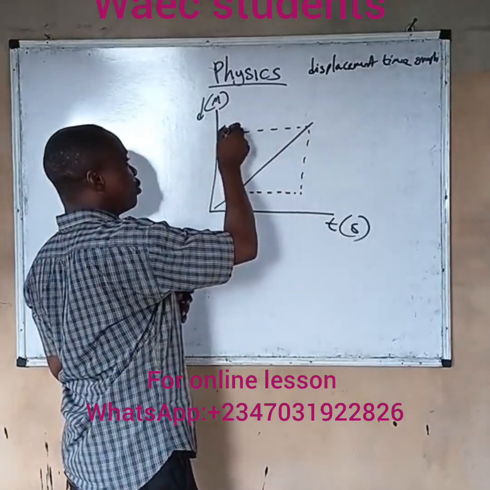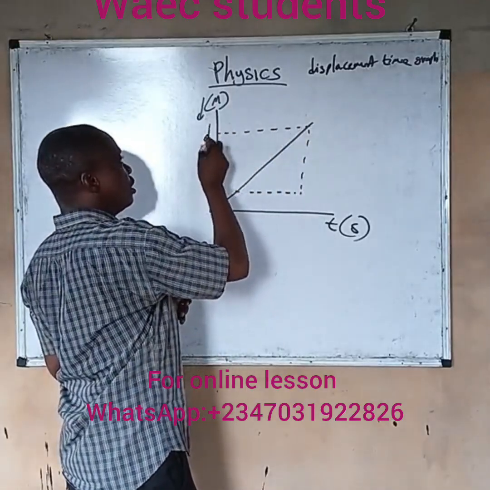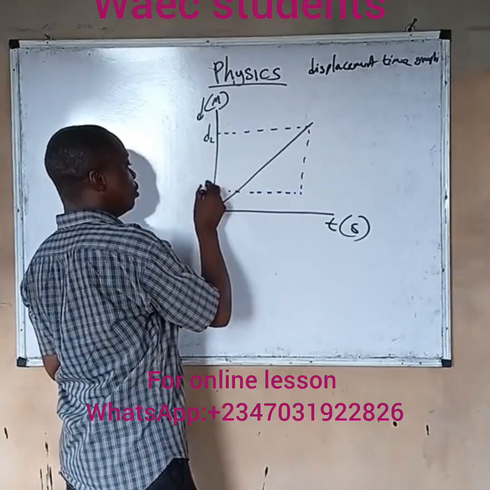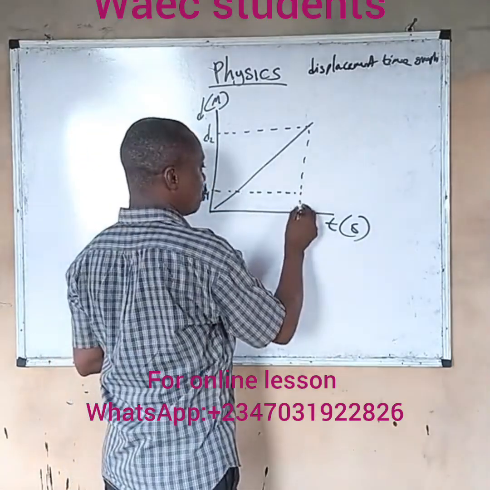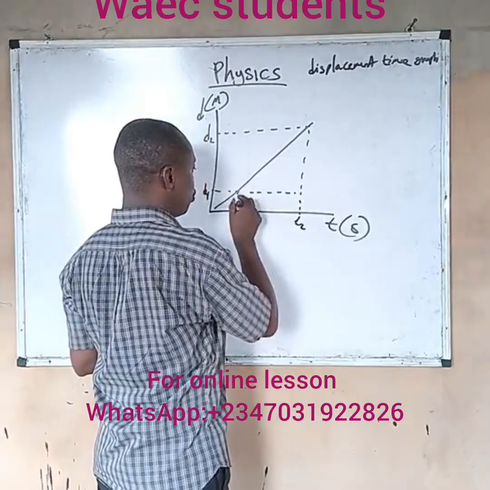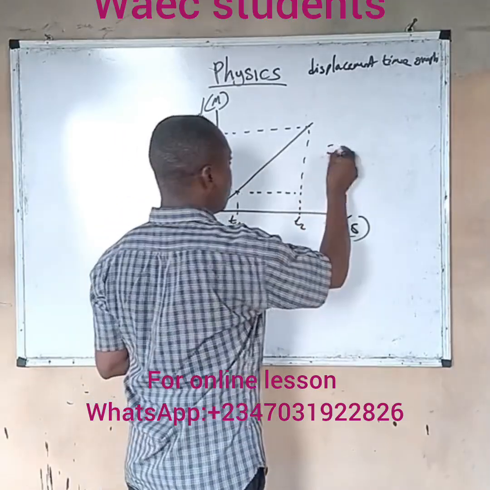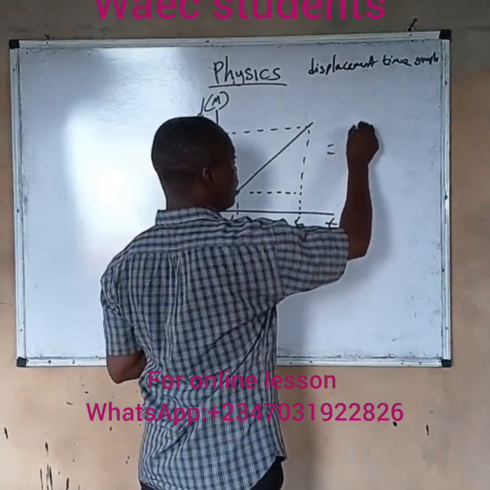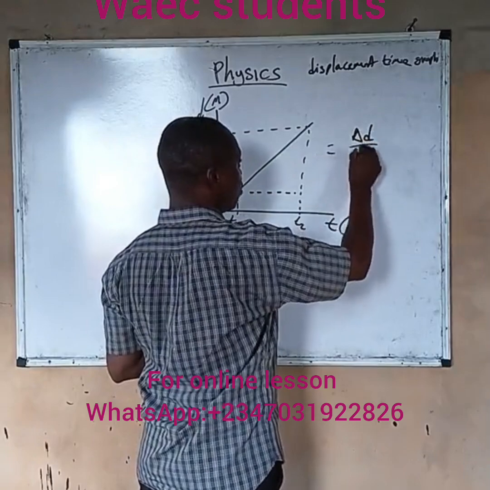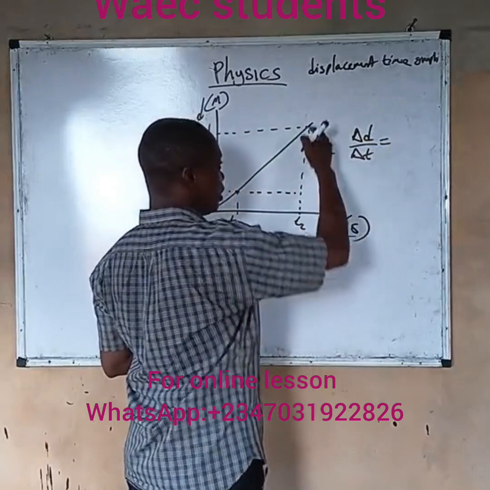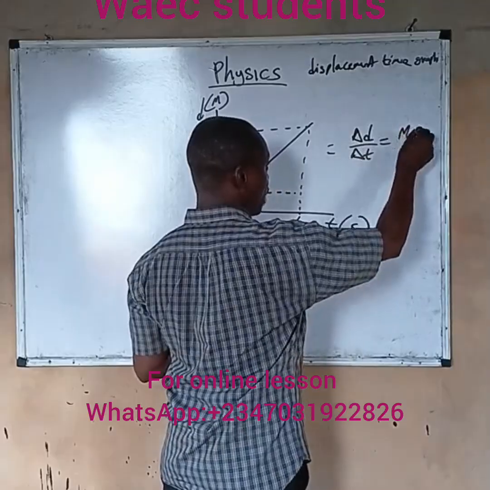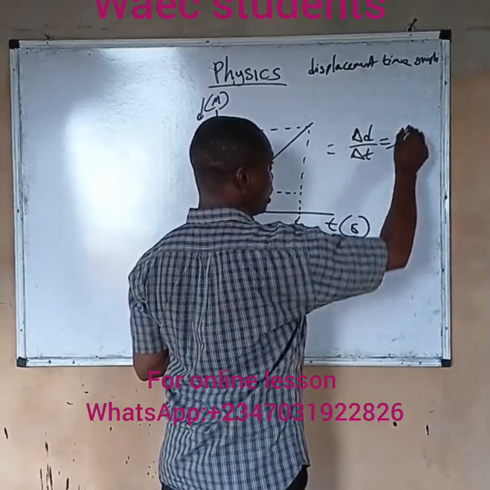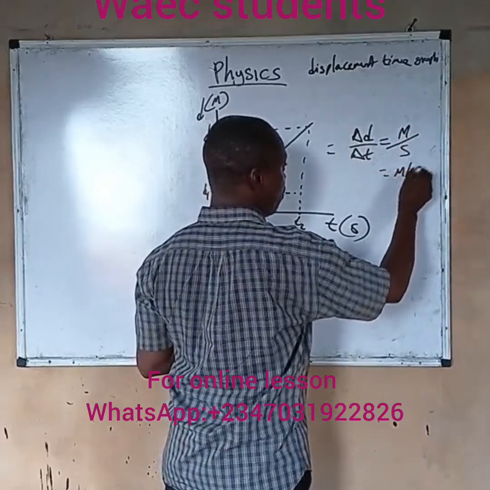If you take here, here is your D2, here is your D1, but we are interested in the unit. Here is your T2 and here is your T1. Slope is usually the increase in displacement over the increase in time. The unit for displacement is meter, while the unit for time is second. So at the end of the day, what you are having is meter per second.